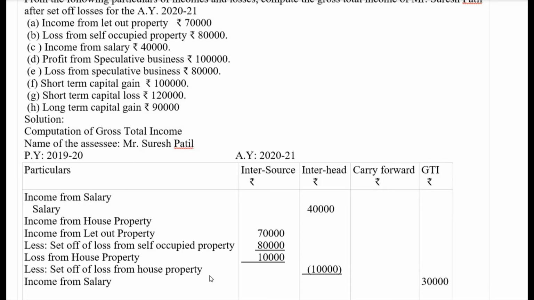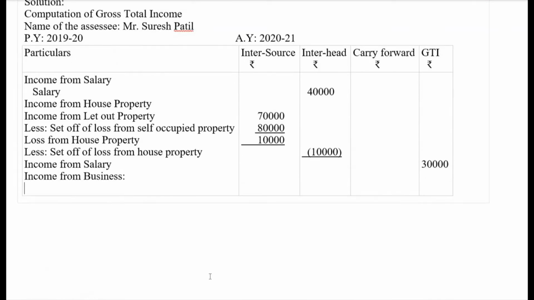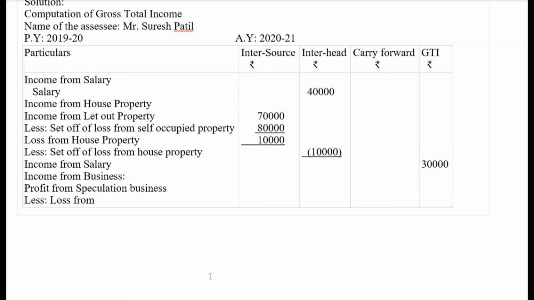Then the next one, income from business head. You have profit from speculation business less loss from speculation business.